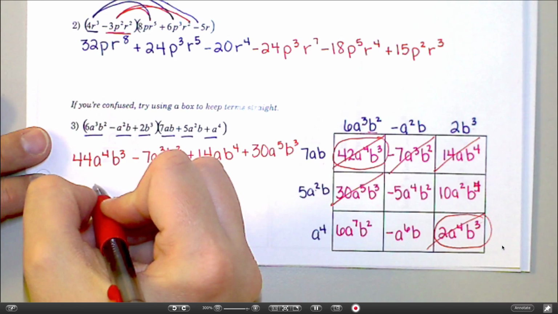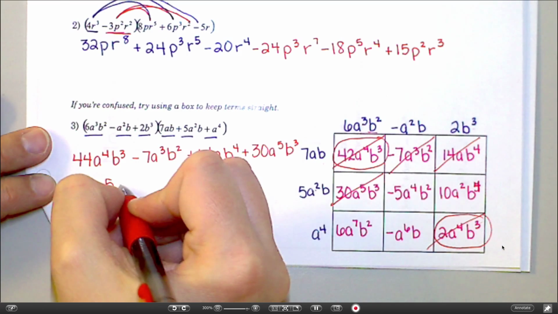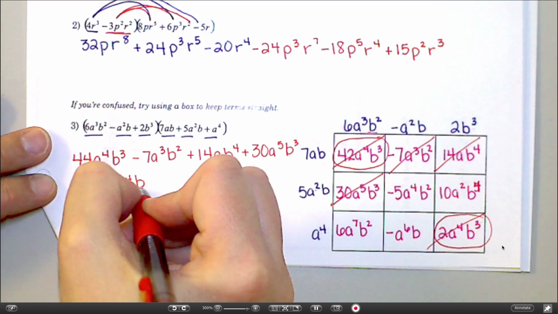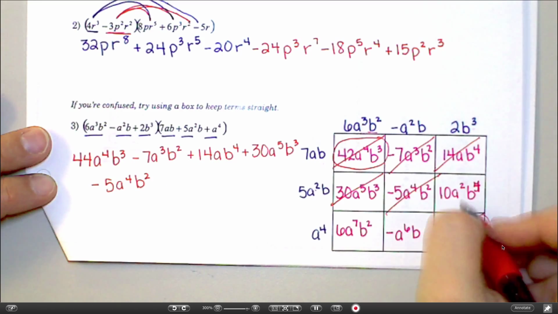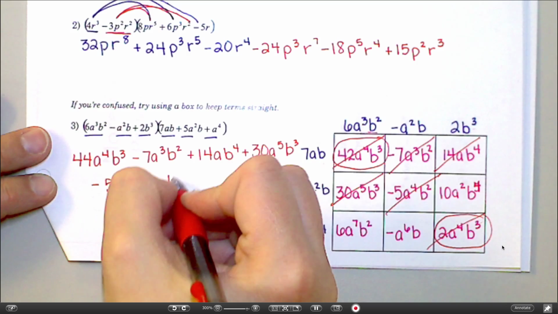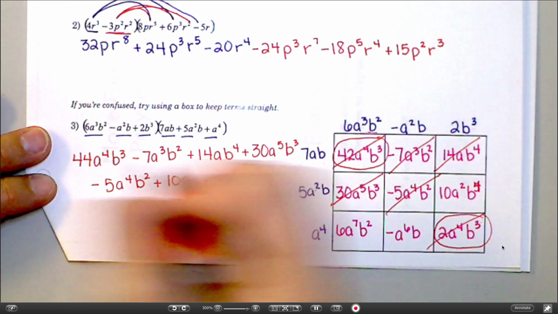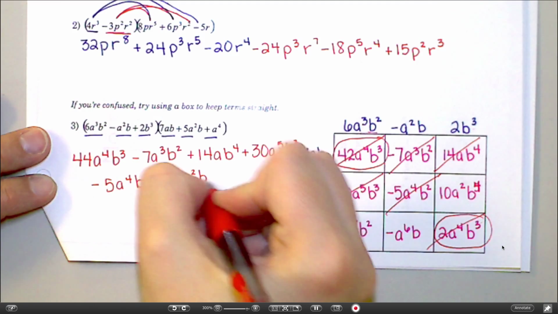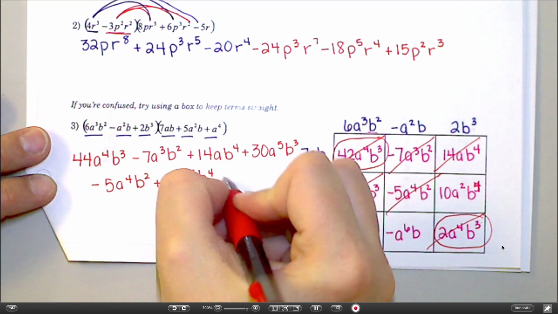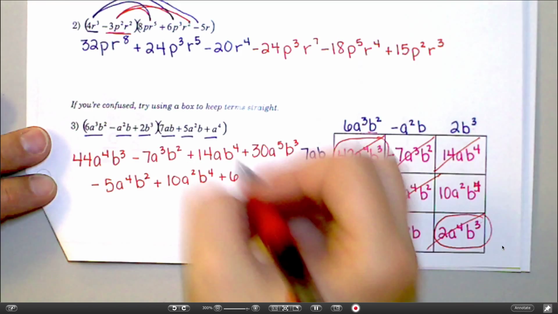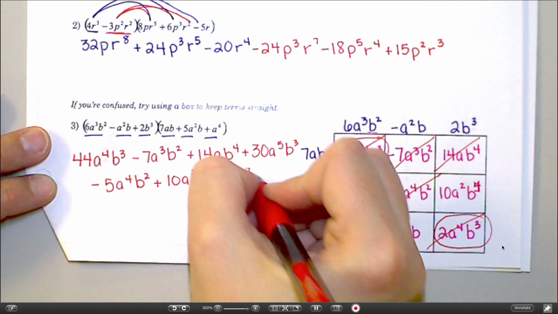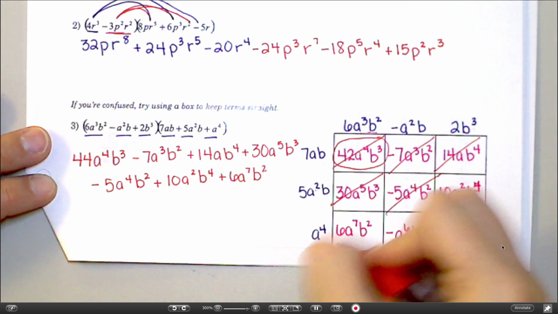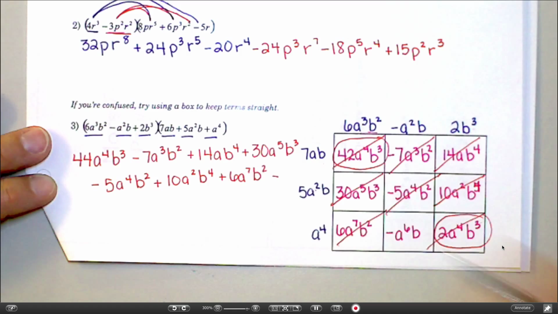I'm just going to go on down here. Minus 5 a to the 4th b squared. Plus 10 a squared b to the 4th. Plus 6 a to the 7th b squared. And then minus a to the 6th b.